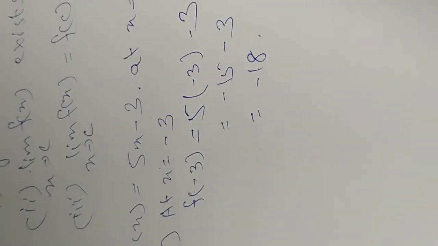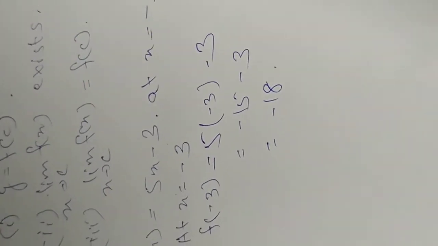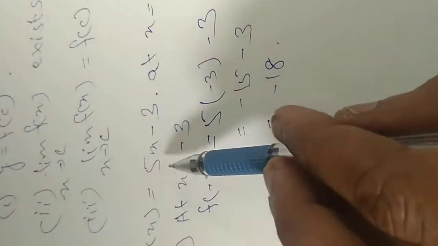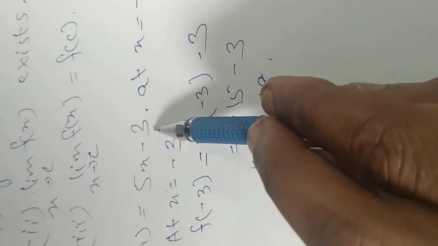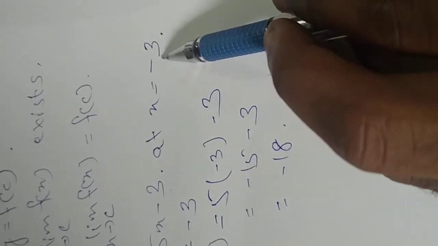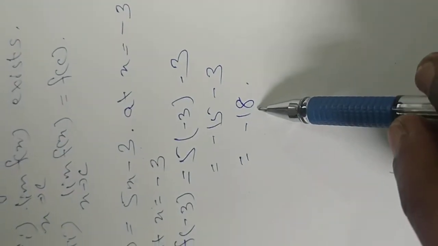So the value of the function f of x is equal to 5x minus 3 at x is equal to minus 3 is minus 18.